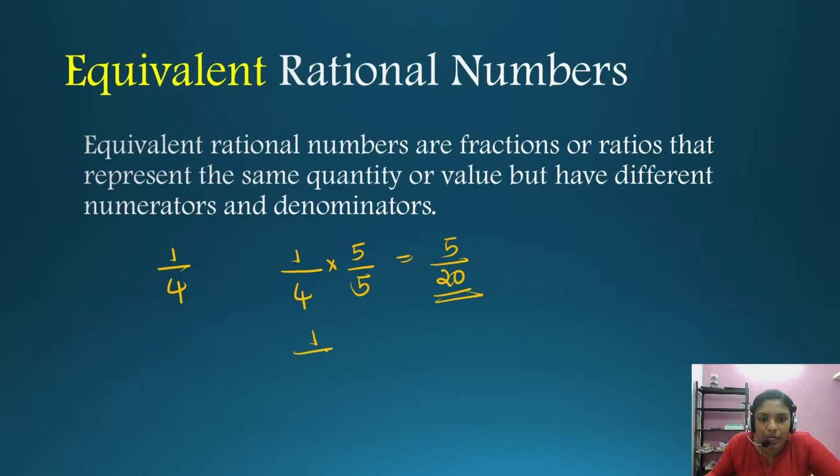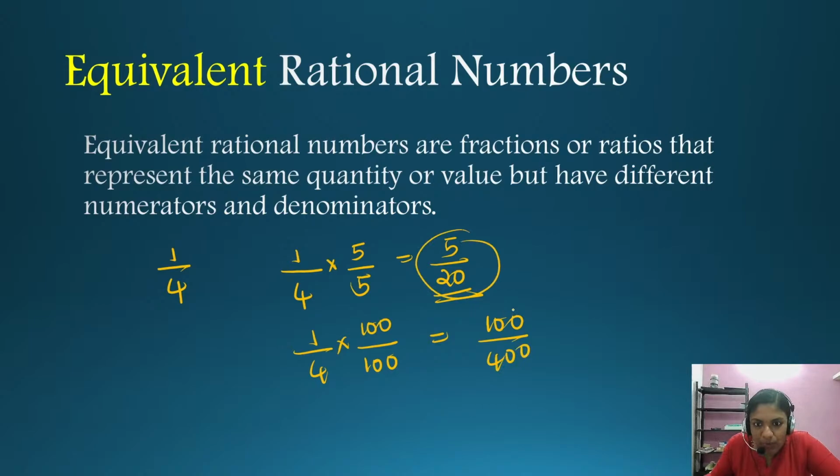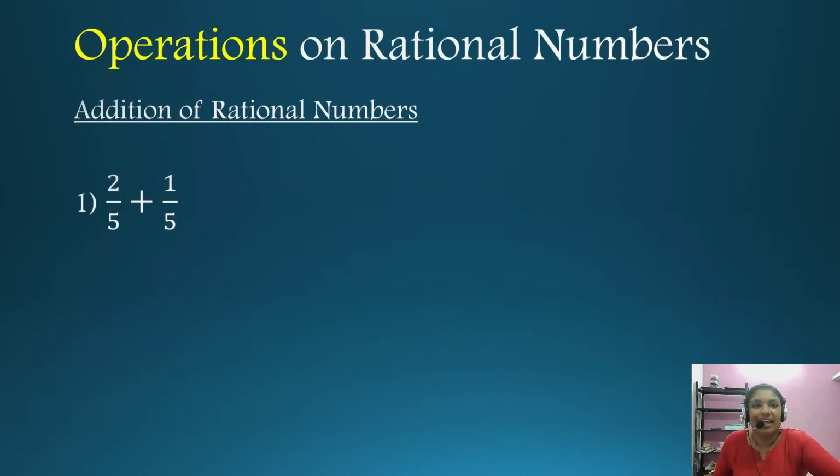Now for 1 by 4, let's take another number like 100. We multiply both numerator and denominator with 100, so 100 by 400. So 5 by 20 and 100 by 400 are equivalent rational numbers with respect to 1 by 4. Clear?